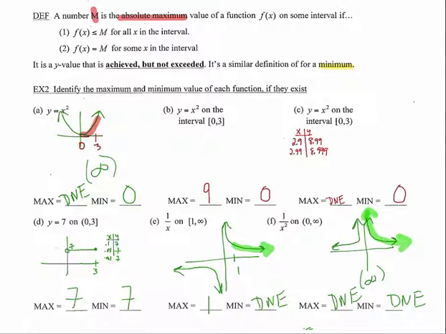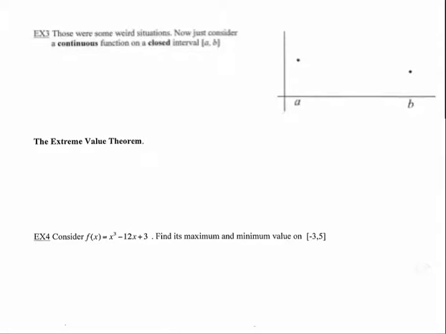All right, moving on to page 2 of our notes. So here we're defining the extreme value theorem. And what the extreme value theorem says is that if you have a closed interval between a and b, and you have a continuous function, the functions we were talking about on the first page were not all continuous functions.